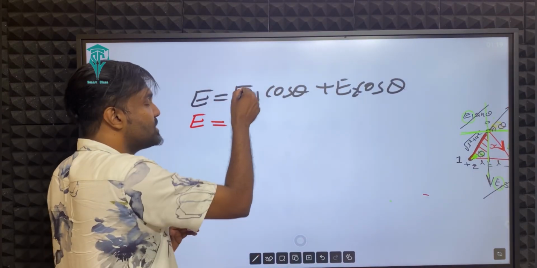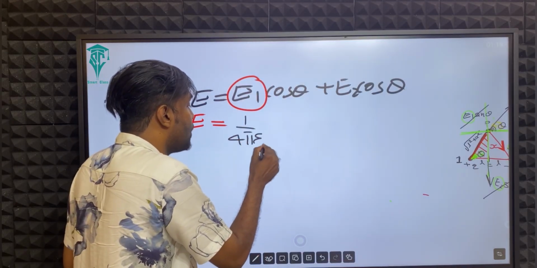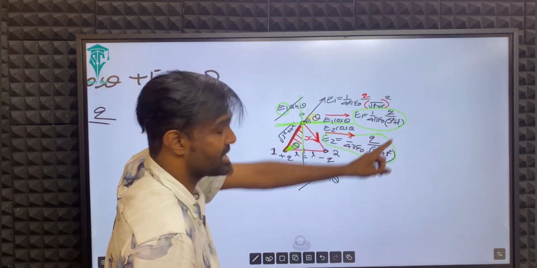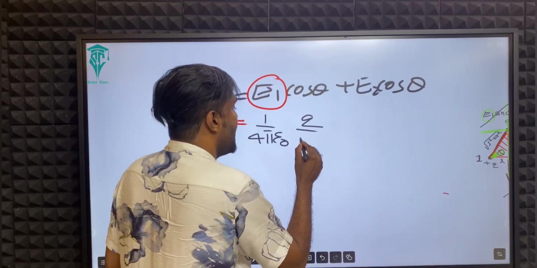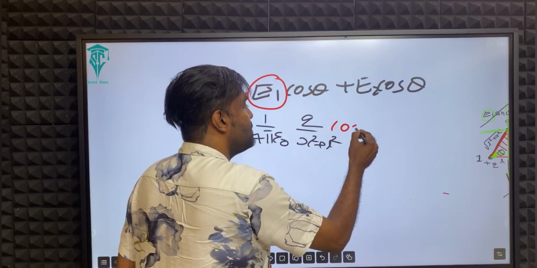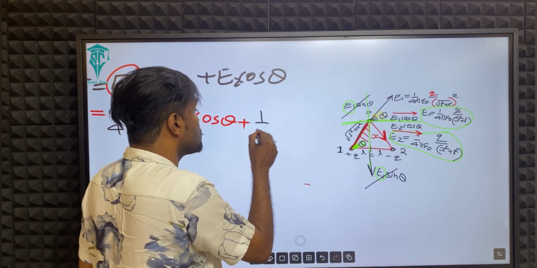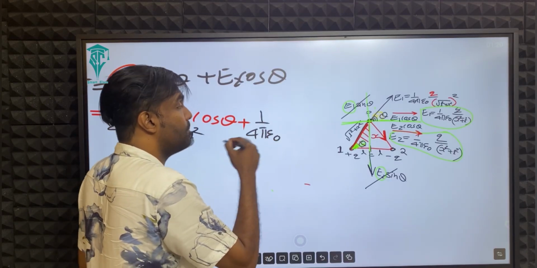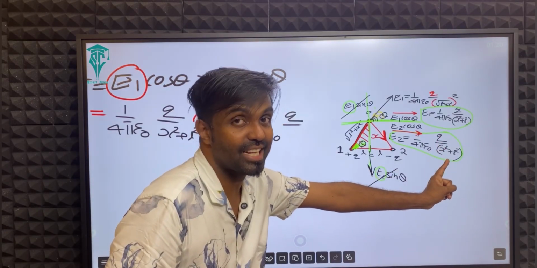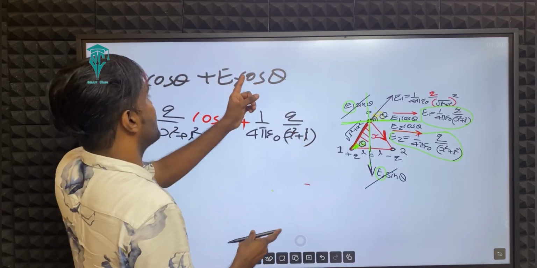E is equal to, instead of E1, 1 by 4 pi epsilon 0 q divided by x square plus L square, that is E1, with the remaining cos theta, plus the same value for E2 also, 1 by 4 pi epsilon 0 q divided by x square plus L square, and we have cos theta.